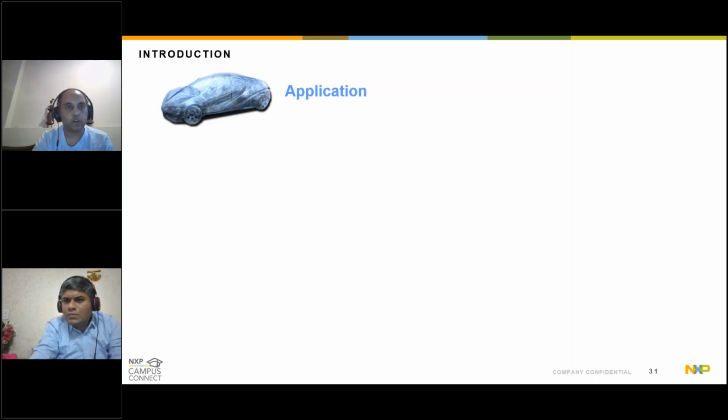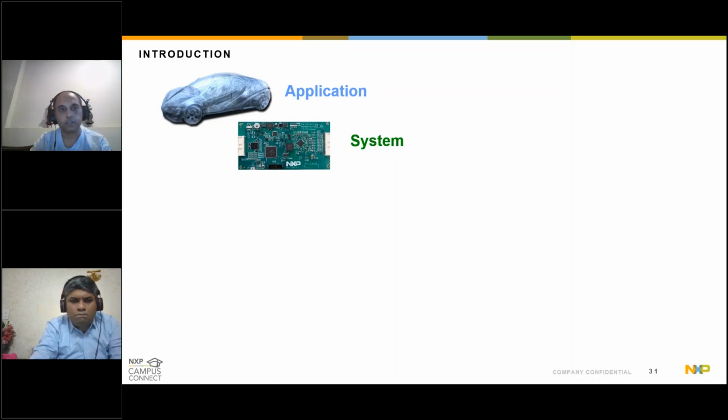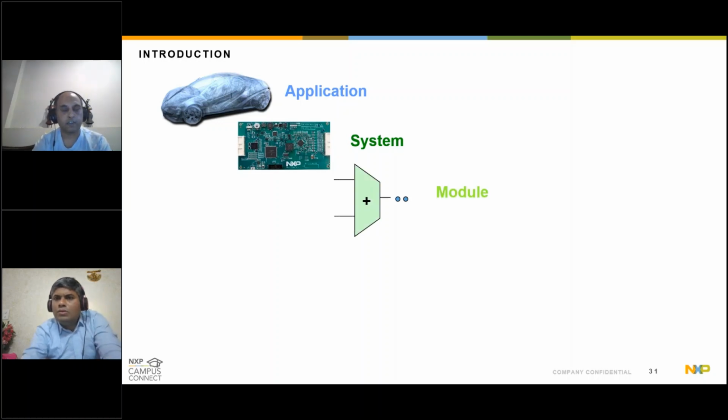And if you go one level down, this application will be divided into different systems, right? You can imagine Vedanta was showing different domain controllers. On a simplistic view, each domain controller is represented by one system, and each system will have the SoCs or the hardware, sourced from different places. The next abstraction level will be the module.